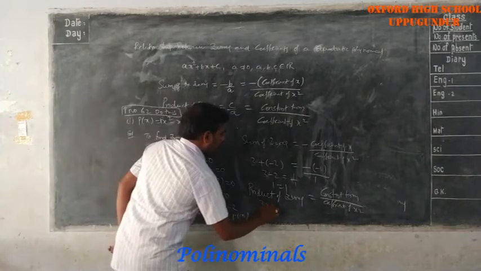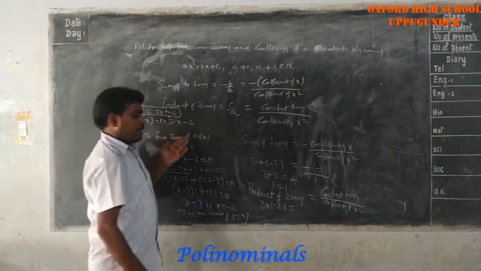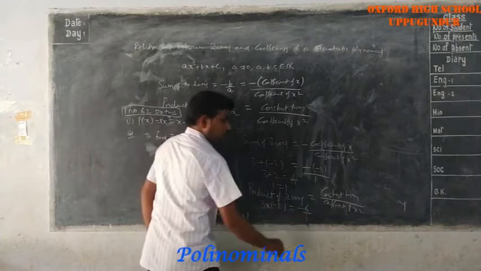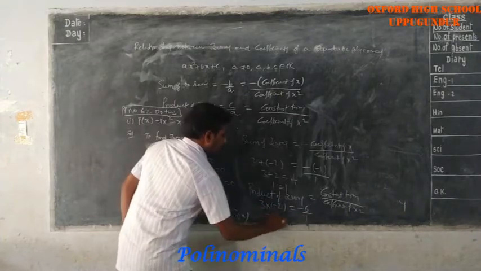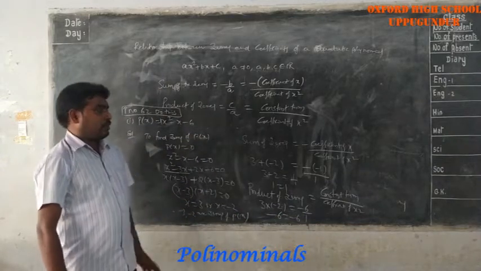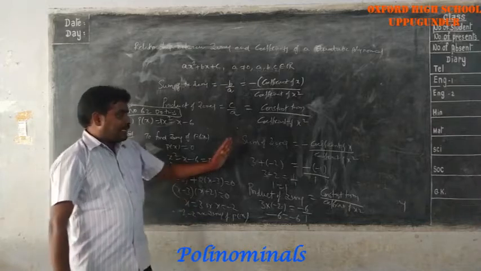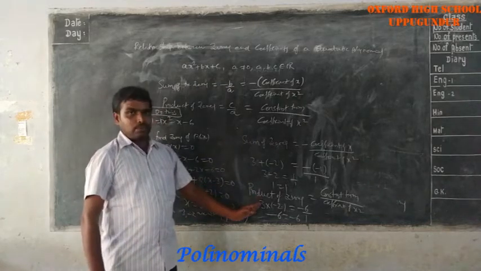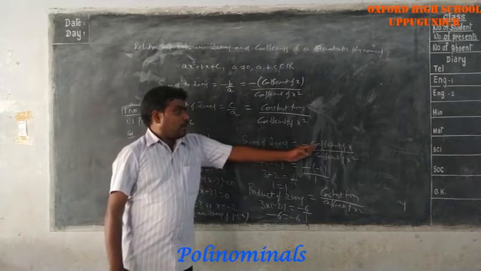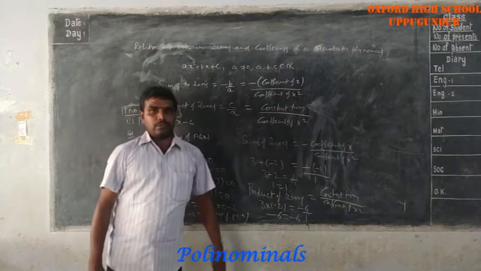So 3 into minus 2 equals the constant term in this polynomial, minus 6, by coefficient of x square, which is 1. 3 into minus 2 is minus 6, equal to minus 6. This is also verified. In this way, we can find zeros for any polynomial, and verify the sum and product of zeros with the ratios of the coefficients.